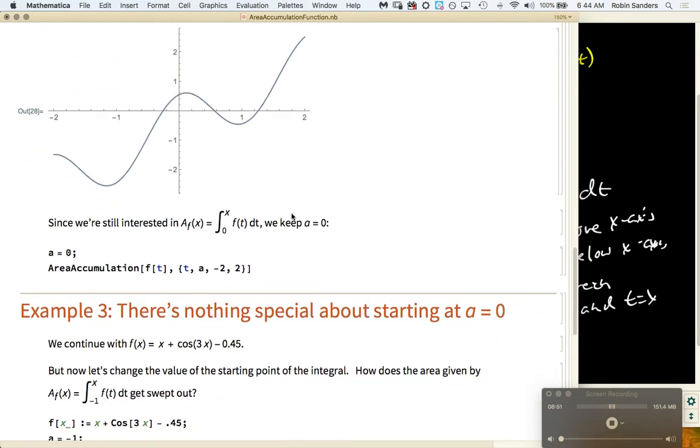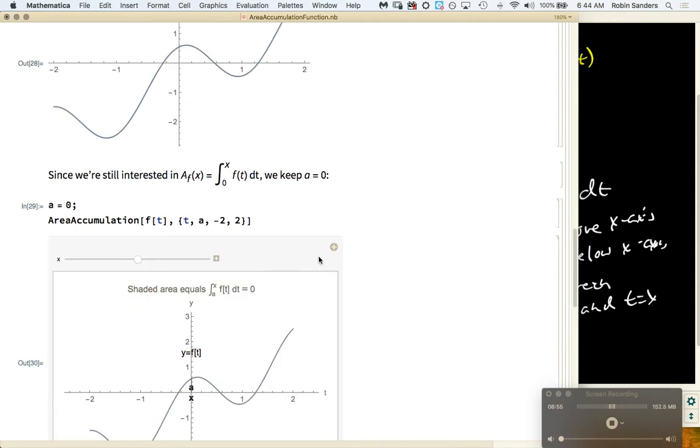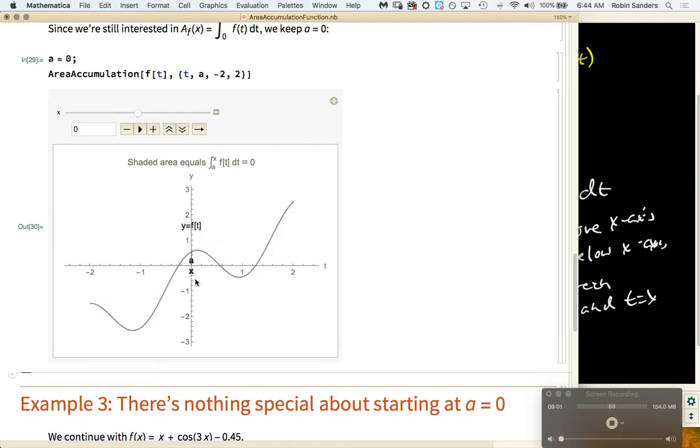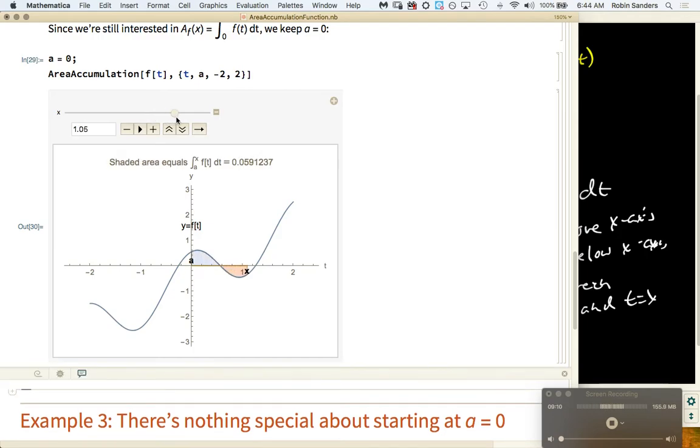And so this is what the area accumulation function would look like this time. Again, we're starting at a is equal to 0, and so there is no area at that particular point. But as I increase x, you'll notice, oh, that's the same picture that we had before.